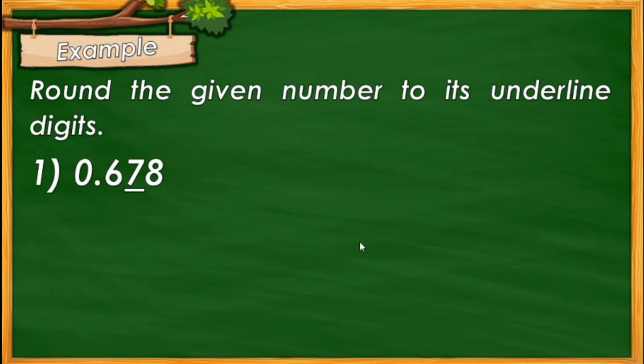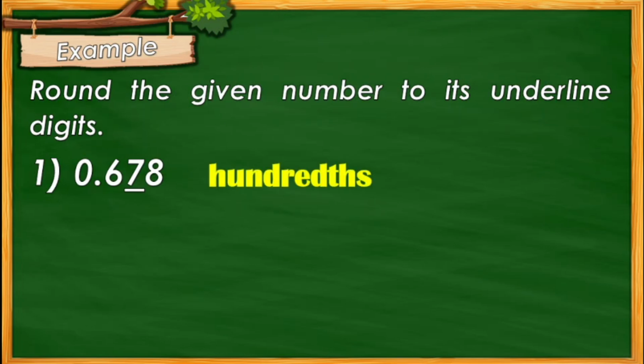Round the given number to its underlined digit. So, the underlined digit is 7. So, look at its right. The digit to the right of 7 is 8. Is it round up or round down? Very good, grade 5 pupils. It is round up because it is 5 or more than 5.